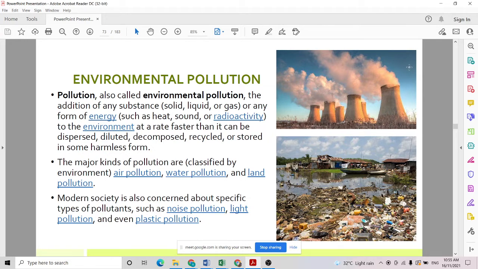So this is the definition, which means a rate faster than it can be dispersed or diluted. Whatever cannot be decomposed or recycled, we call pollution.